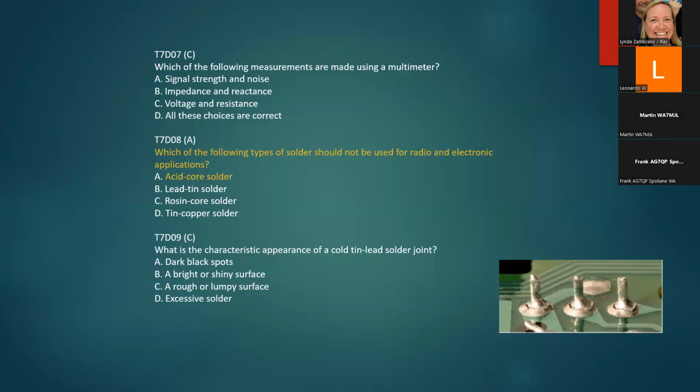In plumbing, acid core solder is used, and if you use that when you're soldering wires in a circuit, the acid in the solder will cause corrosion and will cause your solder circuit joints to become very, very corroded. So the answer is that acid core solder should not be used when you're soldering in circuits.